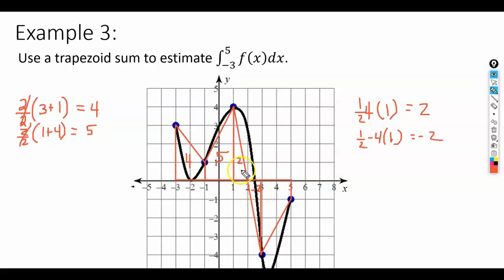But I want to show you guys something kind of interesting here. You can do this like a trapezoid anyway. If you think of this first height here as one of your bases, and you think of the other height as another base, and the distance from this corner to this corner as the height of your trapezoid, even though it's not really a trapezoid, look, the same total answer.